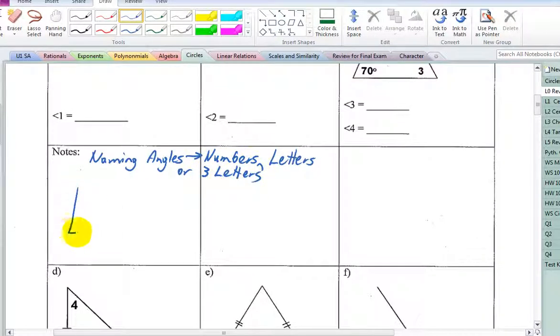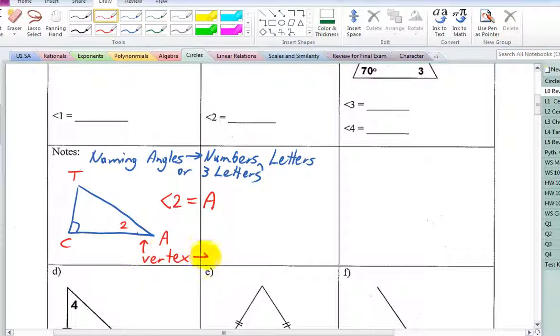So if I have a triangle right here, and inside we'll put the number 2, so we have angle 2. Now we can also call it angle A, a capital letter, and that's the vertex. This in the middle is the vertex. It's the corner. Vertex is fancy math speak for corner.